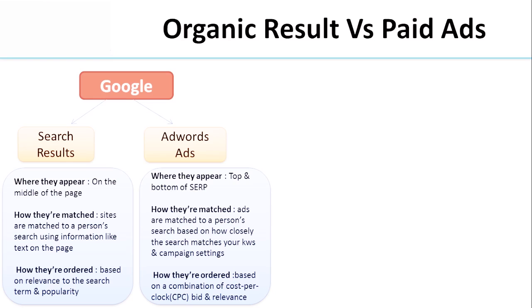While the AdWords based advertisements appear at the top as well as the bottom of the SERP page, or search engine result page, and are based on CPC and of course relevancy also.